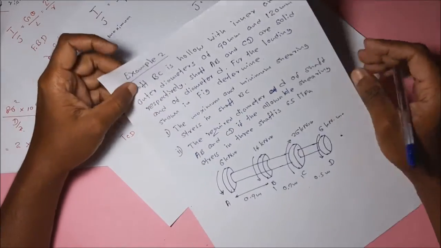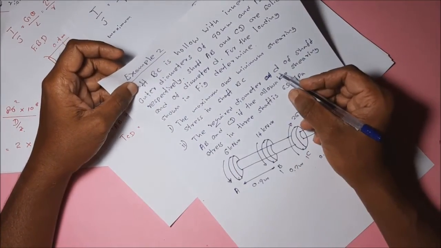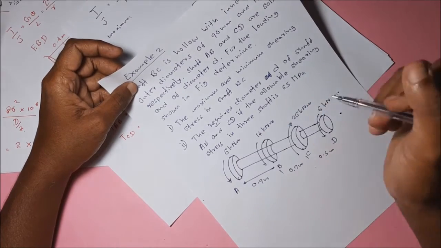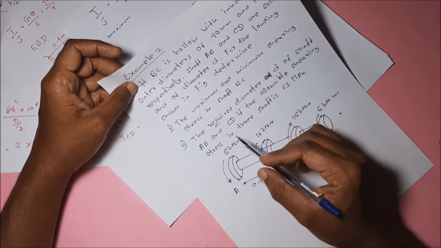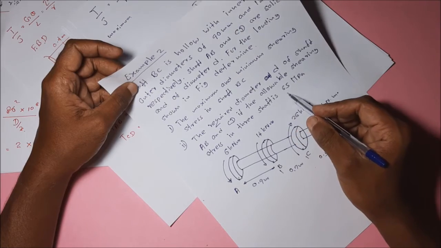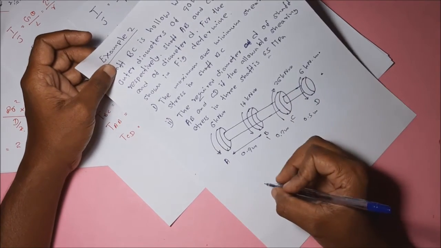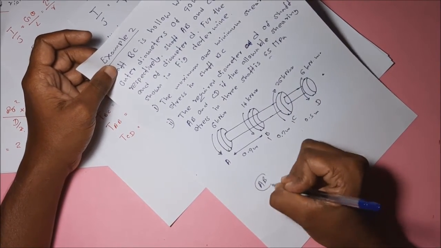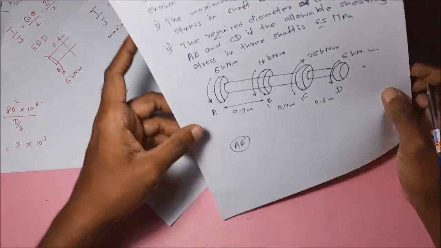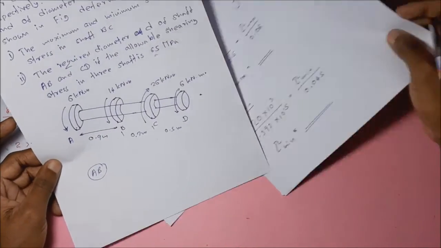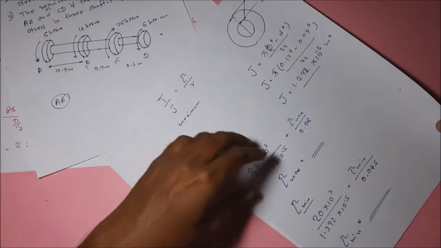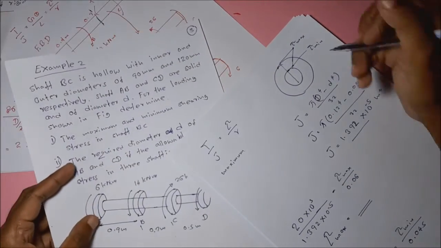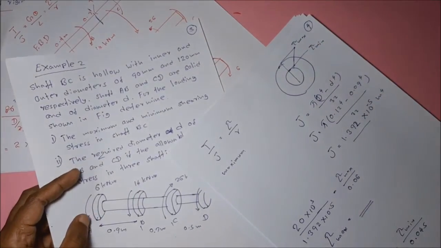Then secondly, the required diameter D of shaft AB and CD if the allowable shearing stress in the shaft is limited to 65. I will do it for the AB, then you can find the diameter for CD as a homework.